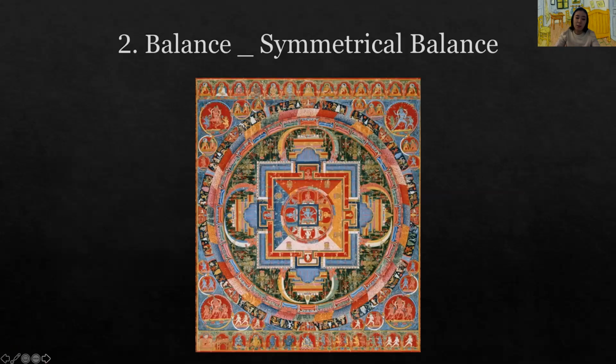Look at this pattern image. There is an imaginary vertical axis in the center of this image, and the left side of the vertical axis corresponds to the right side of the image. That is called symmetrical balance.